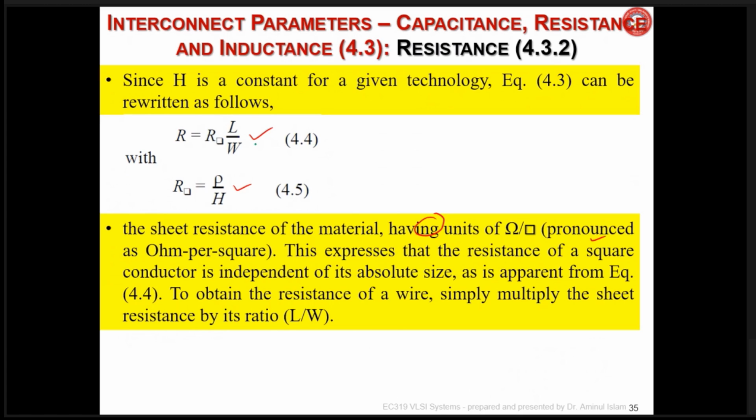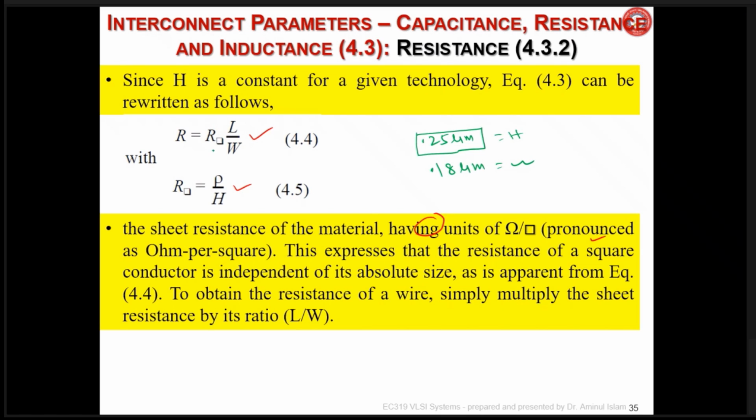Since H is a constant for a given technology, the thickness of the wire is the same in a technology. Say in 0.25 micron technology, all the wire thicknesses will be the same. Similarly, in another technology generation, 0.18 micrometer, whatever H value is there will be the same for all the layers.